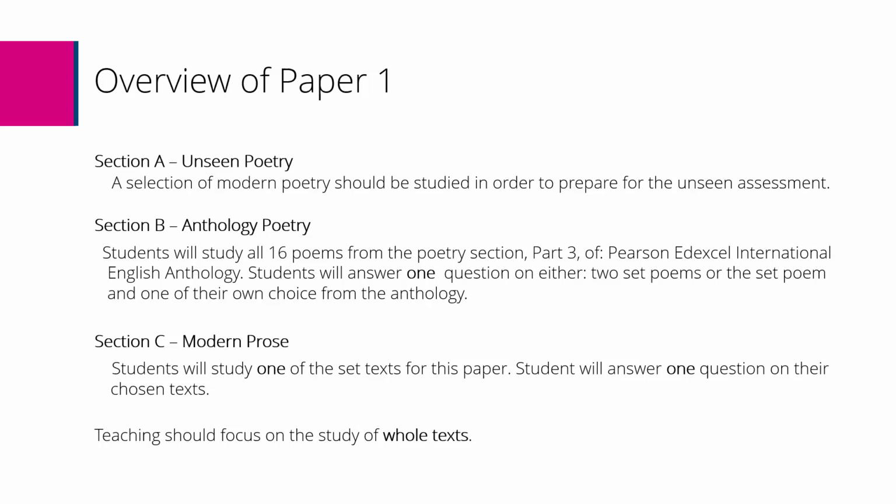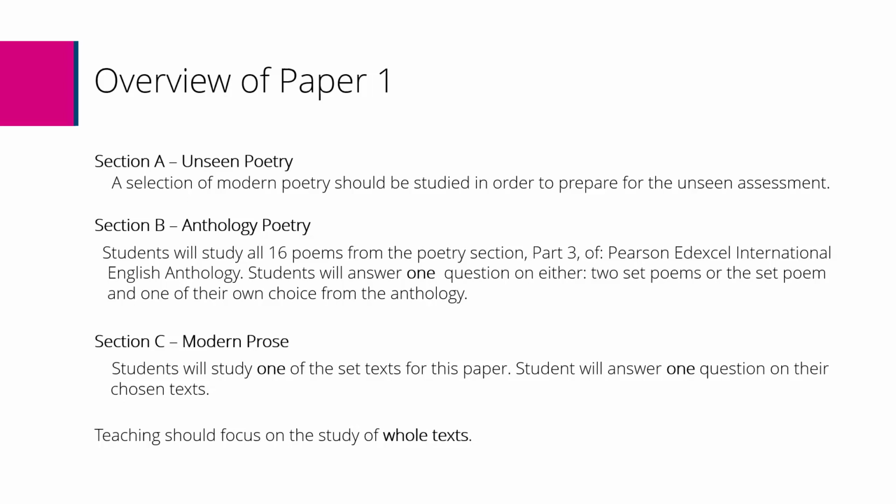Then we've got section B, the anthology poetry. Students study the 16 poems that we'll have a look at in a moment from part 3 of the anthology. They answer 1 question on either 2 named set poems, or 1 poem named in the exam paper plus 1 of their choice from that anthology.